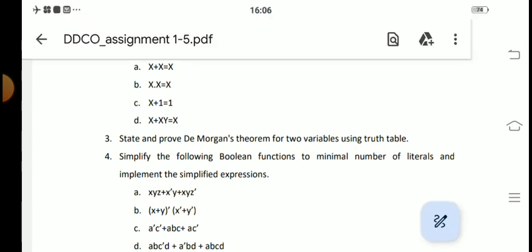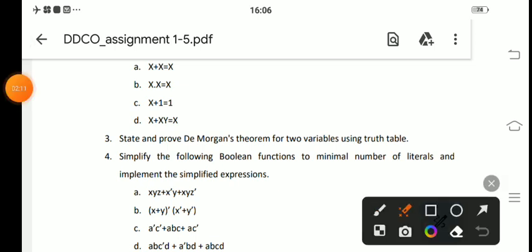Next, the third question is: state and prove De Morgan's theorem for two variables using the truth table. See, here they have asked us to state it, so you have to write the statement first.